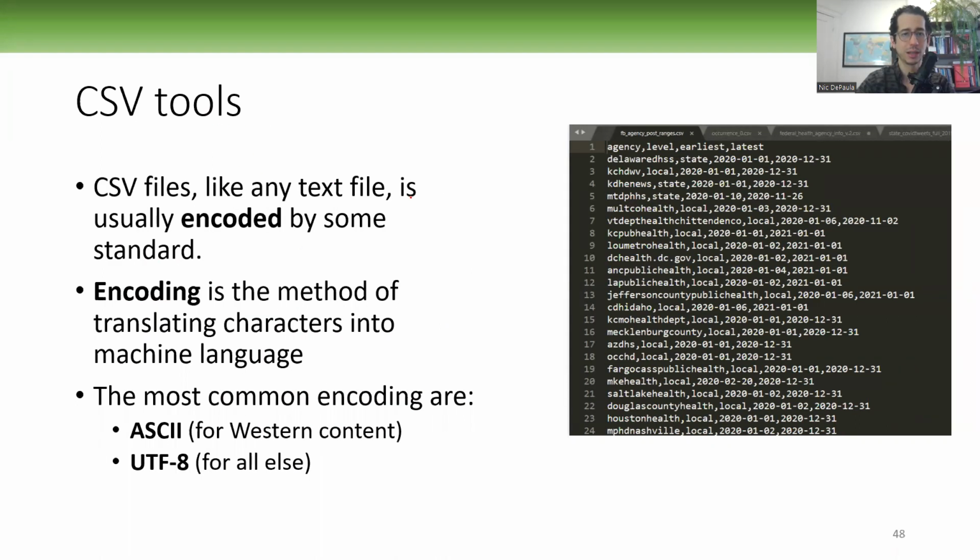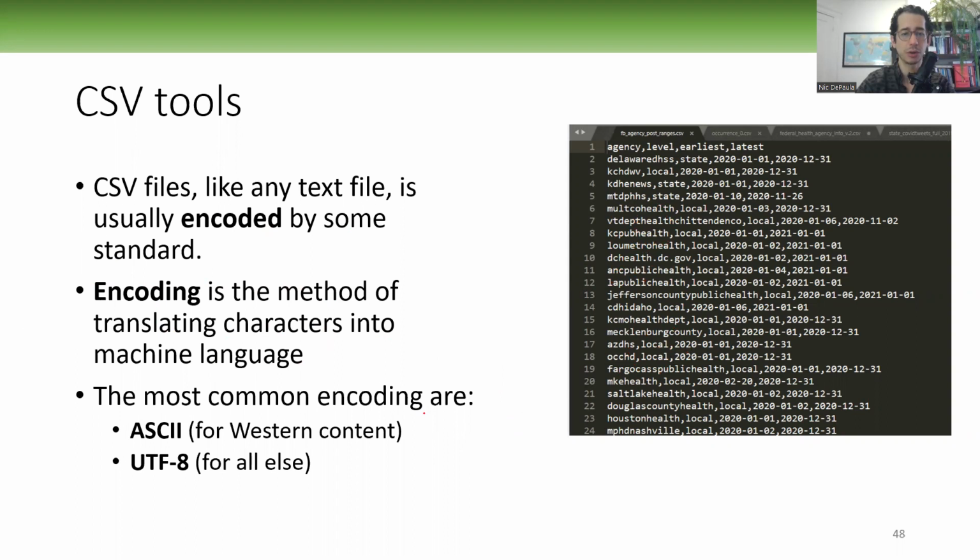CSV files, like any text file, are encoded by some standard. Encoding is the method of translating characters into machine language. Remember, computers all deal with zeros and ones, so you have to translate somehow zeros and ones to the characters that we deal with in our English language or whatever other language you're using, Chinese, Swahili, and so on.